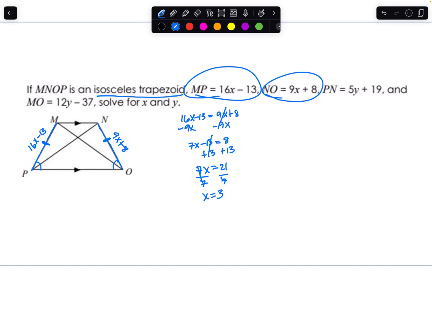Now, as for y, I'm being told that PN, that length, measures 5y plus 19. So that's this distance, 5y plus 19. I'm also told that MO, which is the other diagonal, is 12y minus 37.